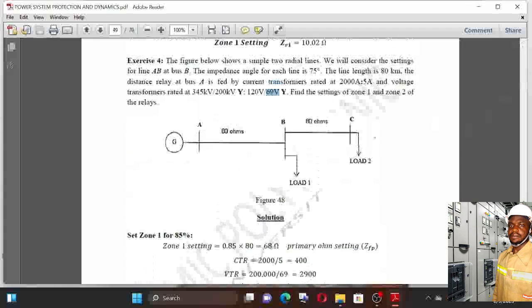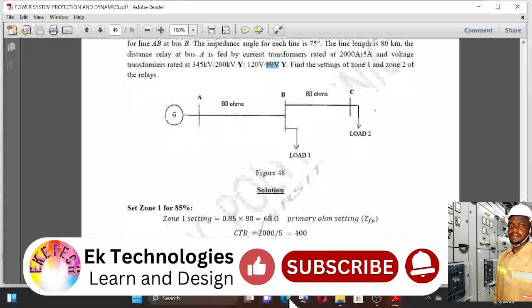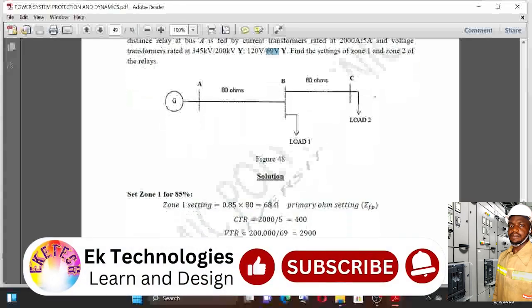The primary impedance of zone 1 is 80 ohms, right? Since it falls within this bus A, we have 80 ohms from A to B. So we have 0.85 times that 80 ohms, which gives us 68 ohms. So that is a primary ohm setting, right?